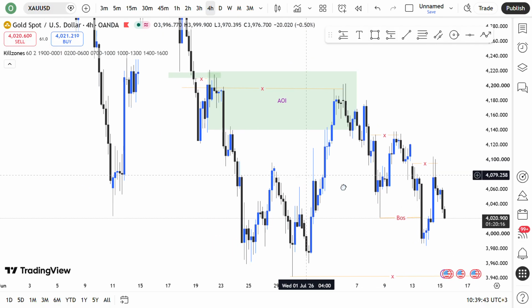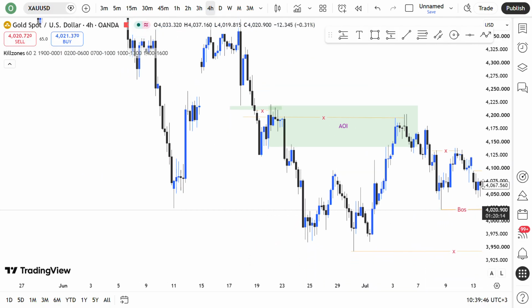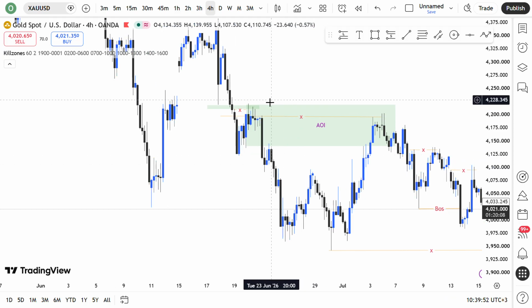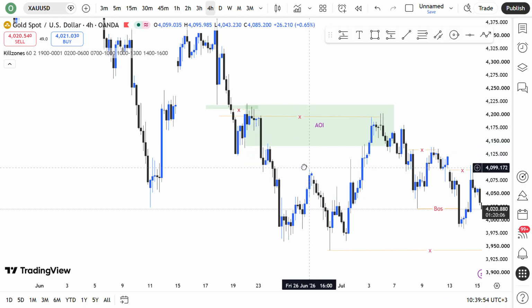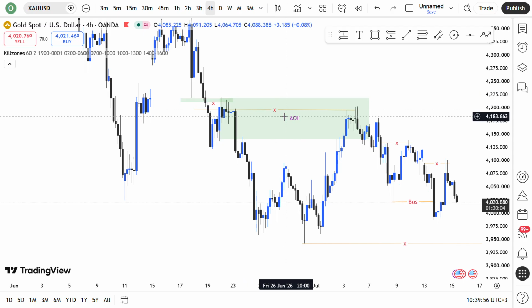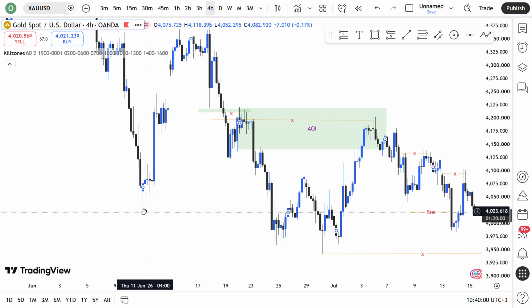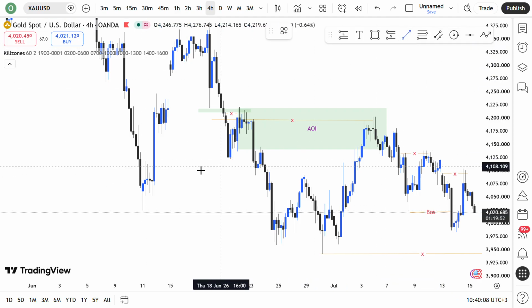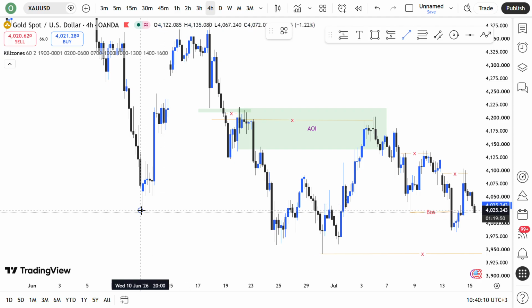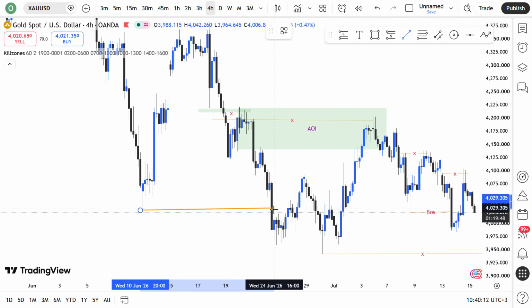So for gold, we can see clearly that we have an order block from a higher time frame, and when price came into this order block, we can see clearly this was a break of structure downside. For gold, we are bearish right now. We are pushing bearish. So immediately price gave us this break of structure.